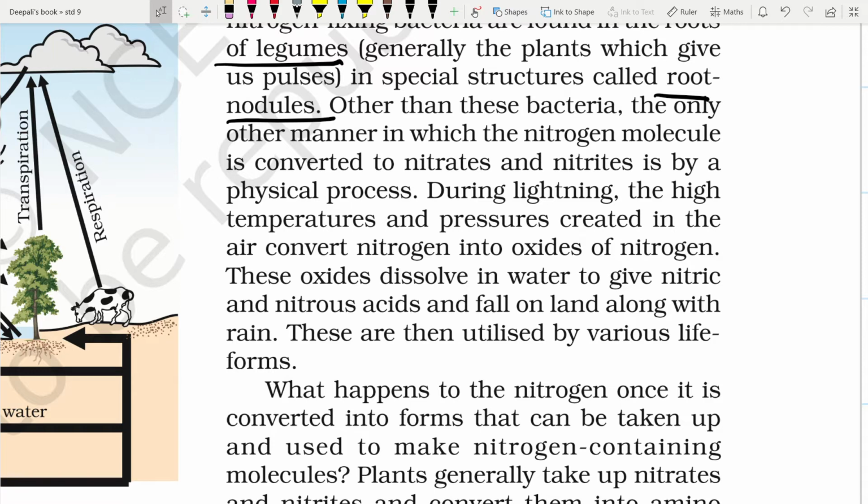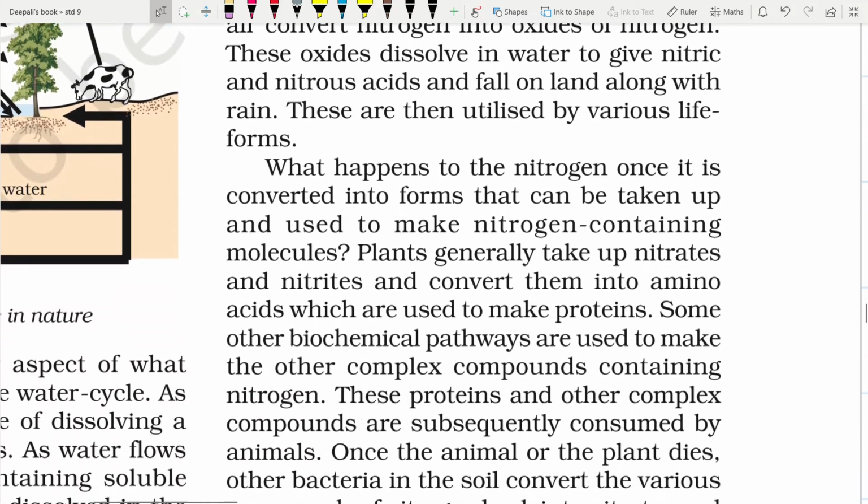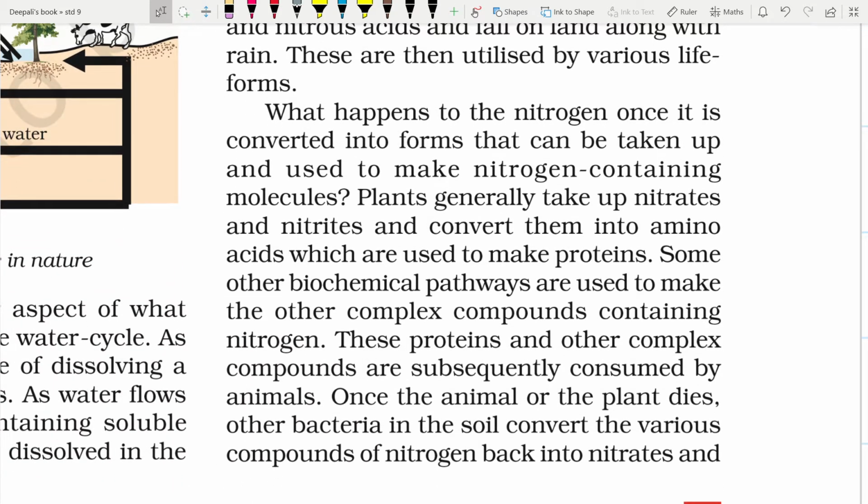What happens to the nitrogen once it is converted into the forms that can be taken up and used to make nitrogen containing molecules? Plants generally take up nitrates and nitrites and convert them into amino acids which are used to make proteins.